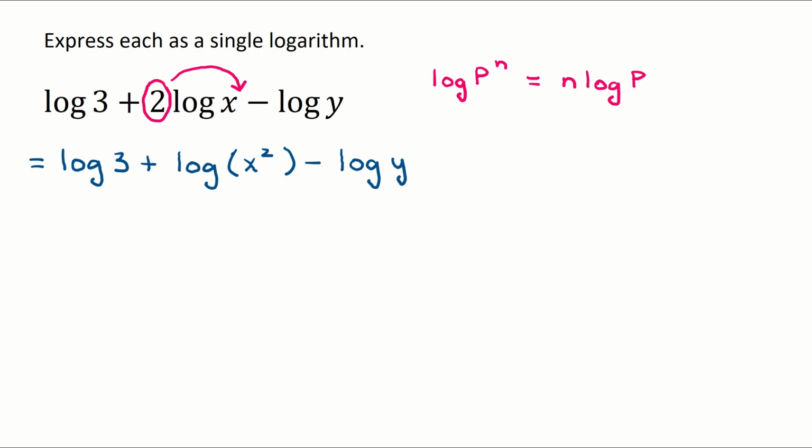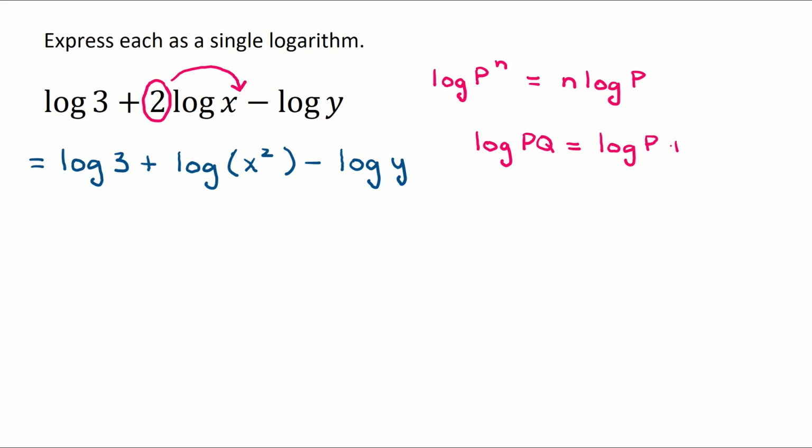Now, two things are going on here. You are adding the first two terms and subtracting the second. Adding means that we can apply the product rule. So the product rule, remember, says that log of PQ, or two things being multiplied by each other, means that you add them.